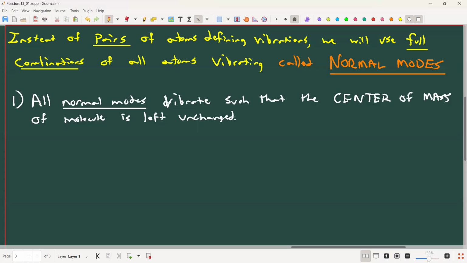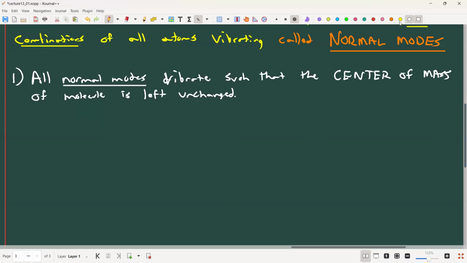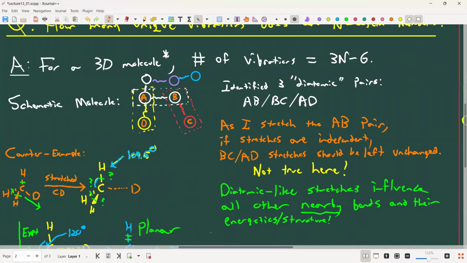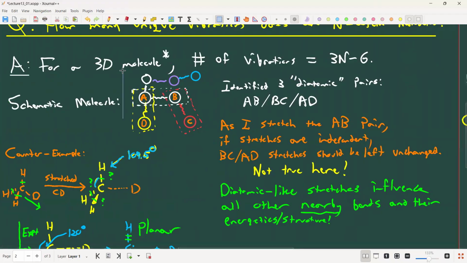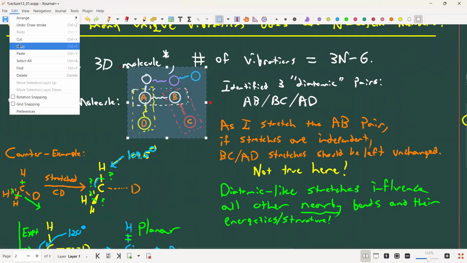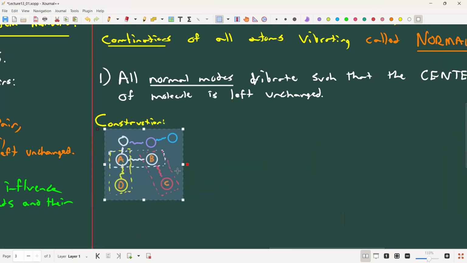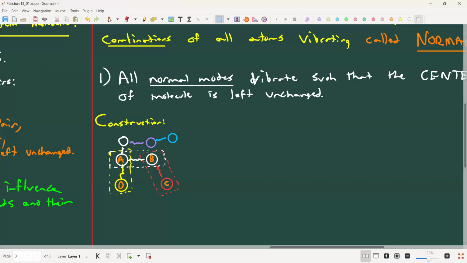So the way we're going to construct this, the first thing we're going to do is take our molecule. I'm just going to copy it over. You can draw whatever molecule you want on your page. It doesn't matter. I'm just going to use what I have. I'm going to highlight each atom.